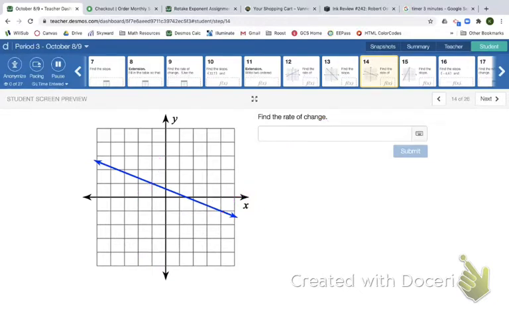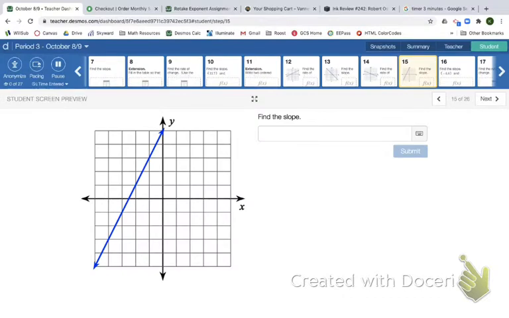And for question 15, we have a positive slope, and our slope is going to be 2 over 1, which gives me a slope of 2.